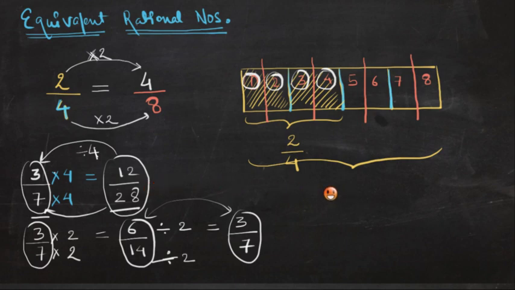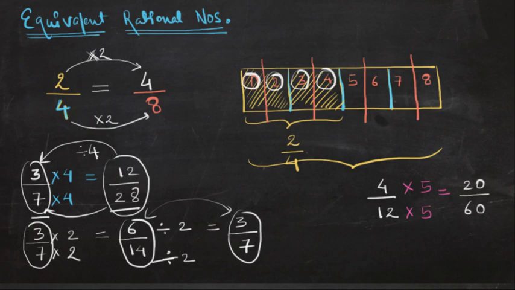Let me take one more example. Let's say that we have 4 upon 12. In order to get equivalent rational numbers, I can multiply the numerator and denominator with, let's say, 5. 4 times 5 and 12 times 5. This would give me 4 times 5 is 20 and 12 times 5 is 60. So 4 upon 12 and 20 upon 60 are equivalent rational numbers.